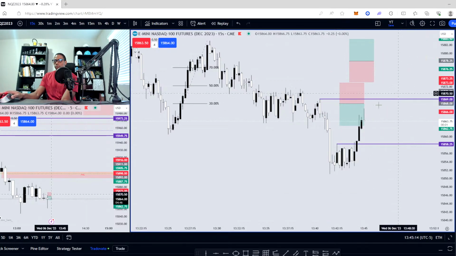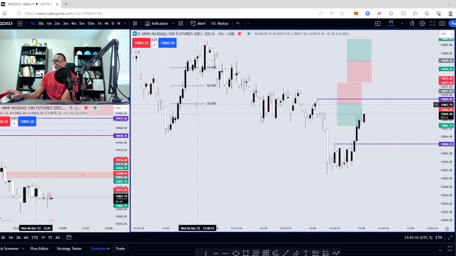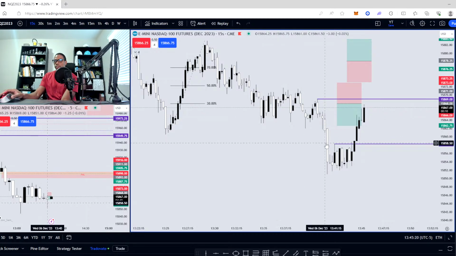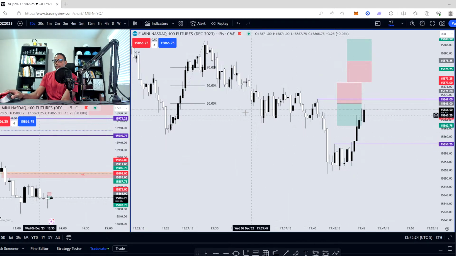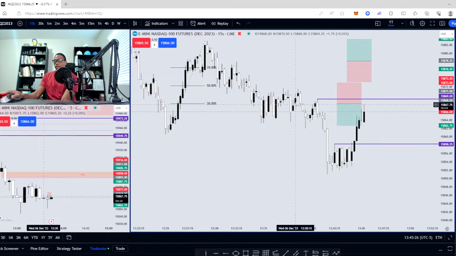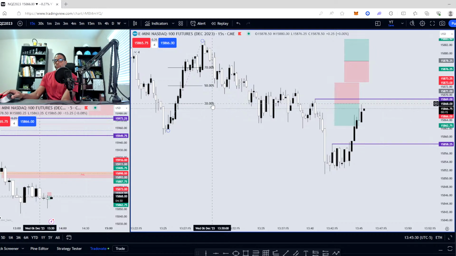Here's that short from earlier that was created over here, traded below on this candle. Now it's trading back into the zone. I don't want to take a trade in this zone, so I'm not going to enter this one.